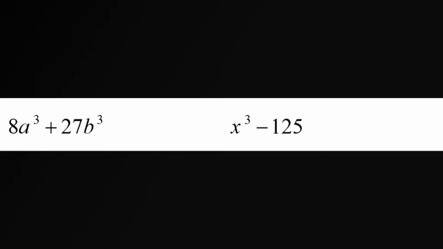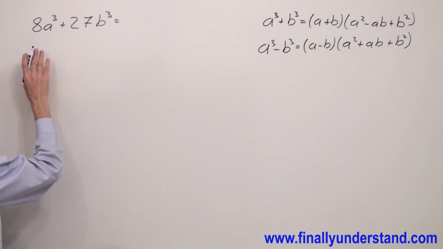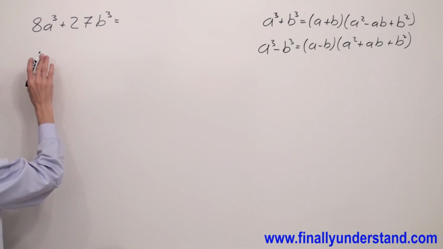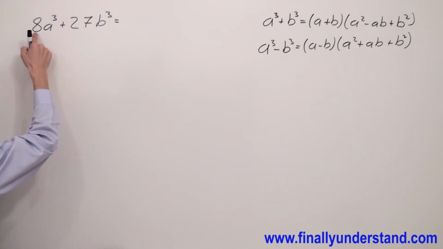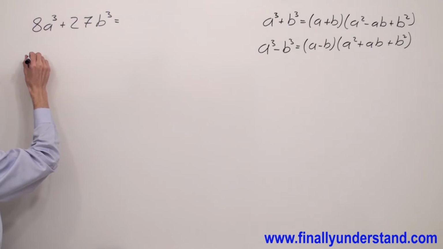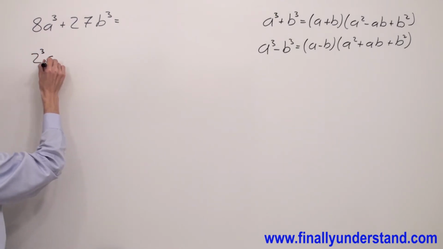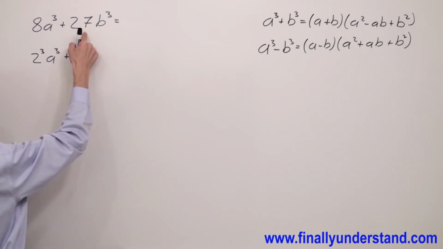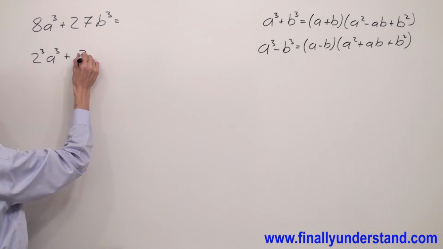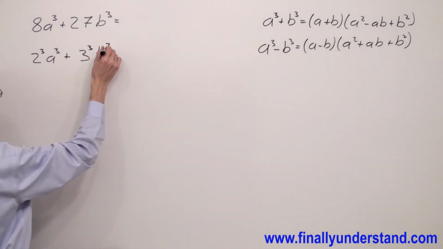This time we have a problem which is simply the sum of the cubes. Why? Because we can rewrite 8 as 2 to the third power, copy down a to the third, plus 27 you can write as 3 to the third power and b to the third.